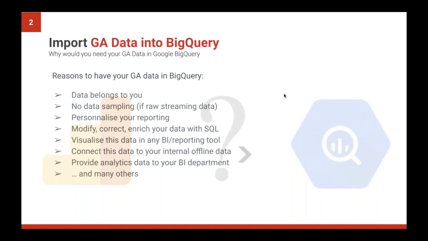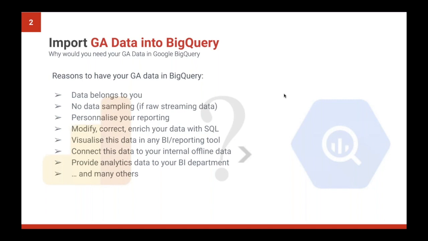Well, it's better to maybe store it in your cloud, in your BigQuery project, to be able to access this data whenever you want. If you stream your raw Google Analytics data to BigQuery, you will not have any data sampling, because I think you already had this problem with sampling in your Google Analytics account.